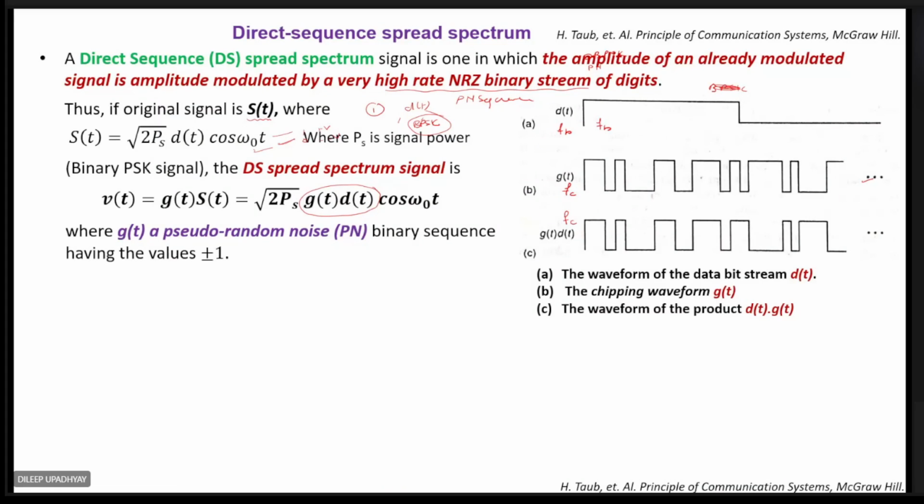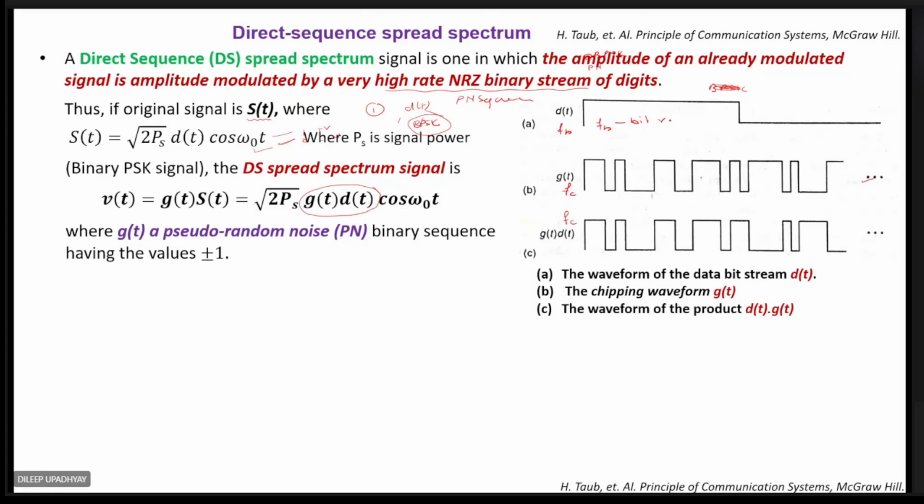Now, I'm going to tell you one important term. If you consider this DT, since DT is the original message signal which is represented by the energy data whose bit rate is FB, we call it the bit rate.